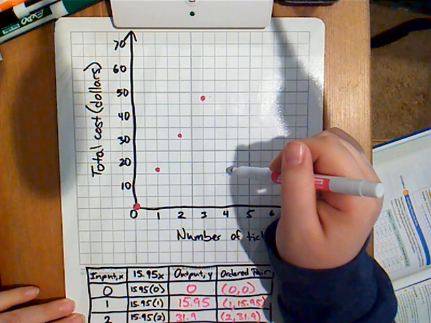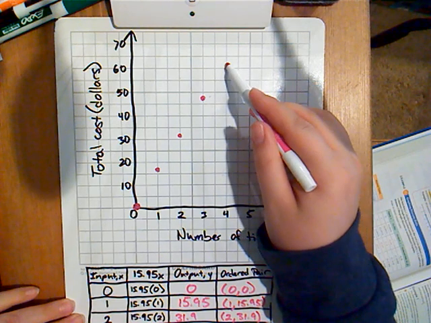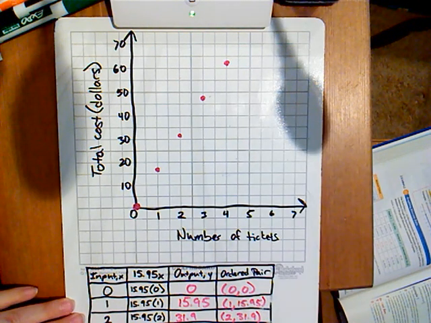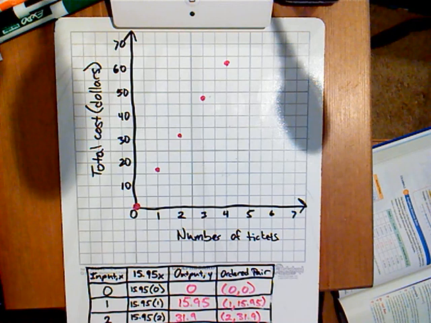And then 4, 63.8. Okay, and so we have our points and they're graphed.